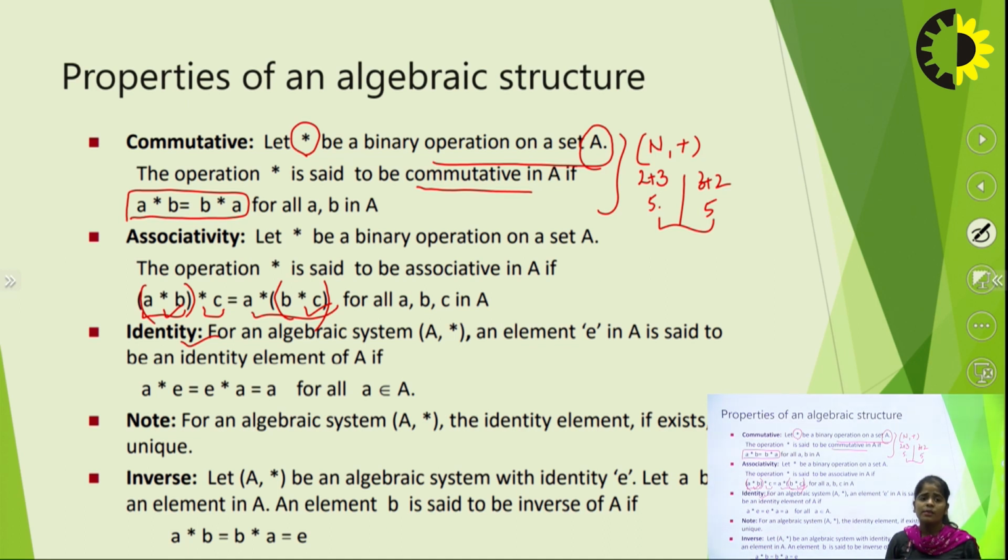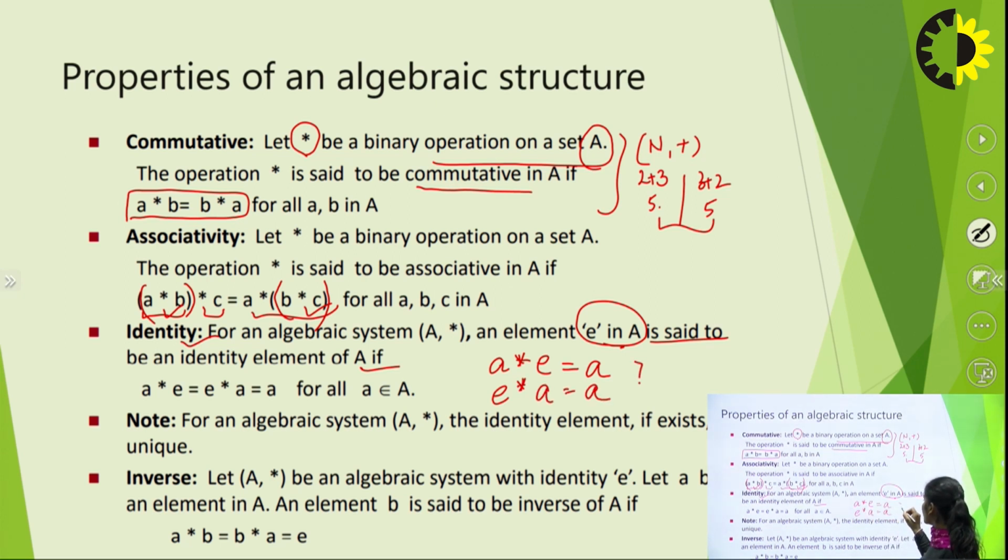Identity for any algebraic system. We consider an element E which belongs to A. It is said to be the identity element of A if A operated with E gives A, or E operated with A always gives A, where A belongs to the given set and E also belongs to that set.